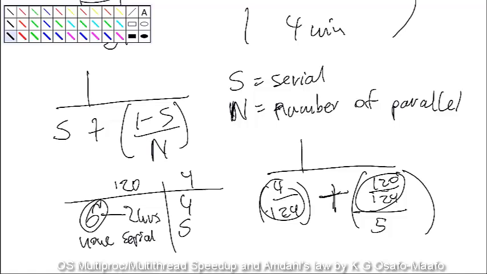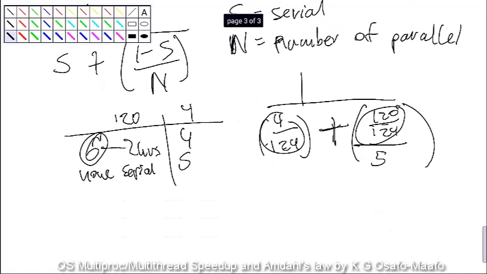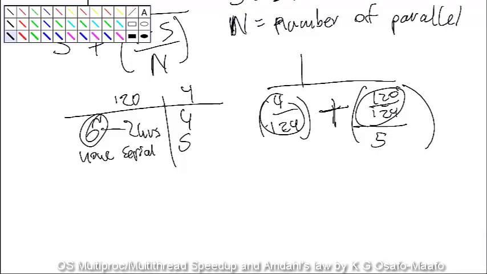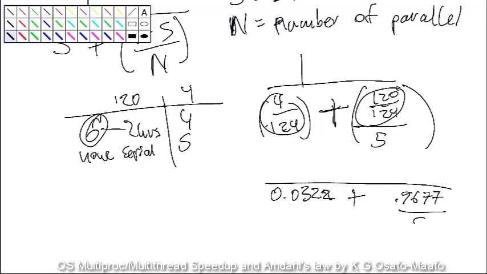Okay, so I'm just going to work this out. 4 over 124 is 0.0322. This is 0.9677 over 5. Okay, so that's what we have.